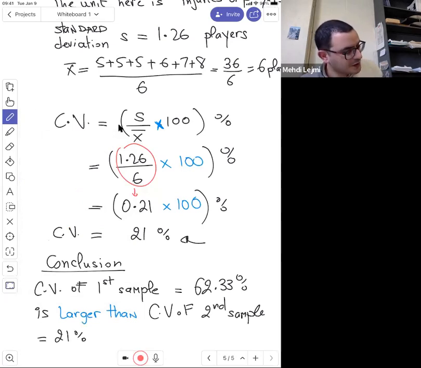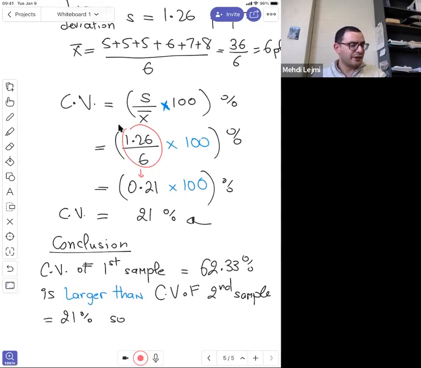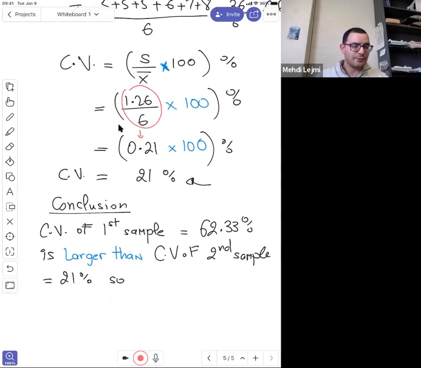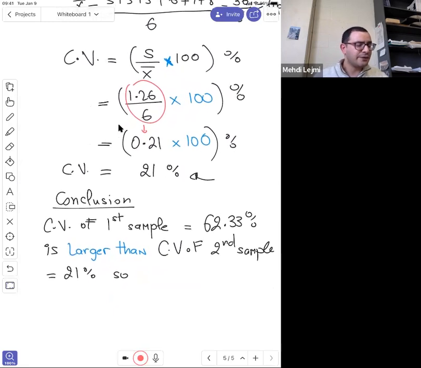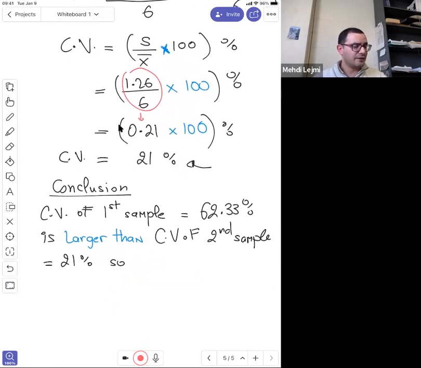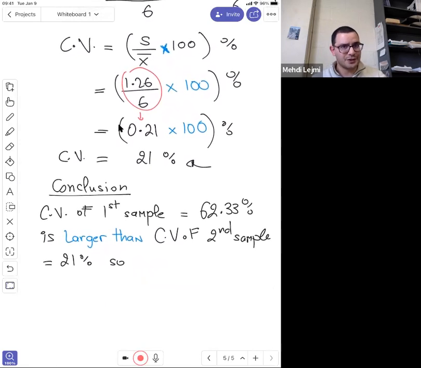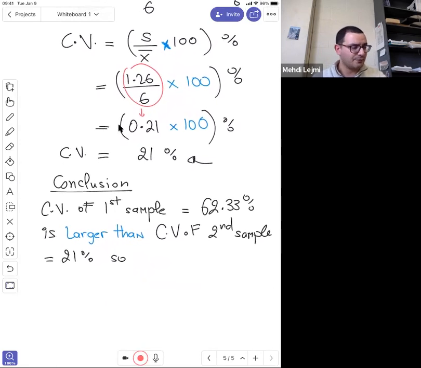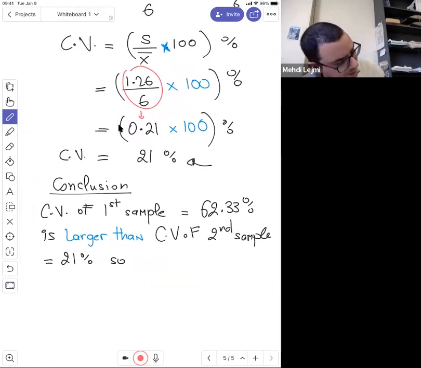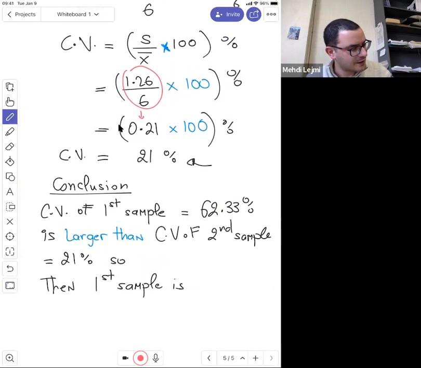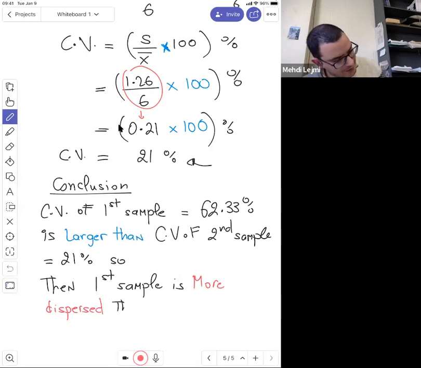So if the coefficient of variation of the first sample is larger than that of the second sample, then the conclusion is that the first sample is more dispersed, or has more variation than the second sample.